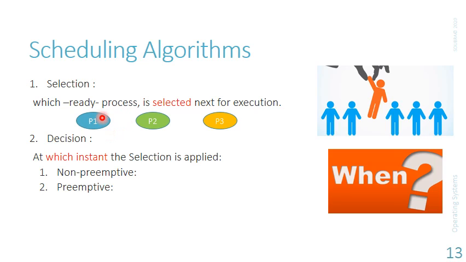Or it could be time slicing. My time is up. I'm not done executing yet, but my time is up, so I'm going to make place for P2 so it can execute. This is preemption as well, because even though I'm not done, I'm being kicked out from the CPU.